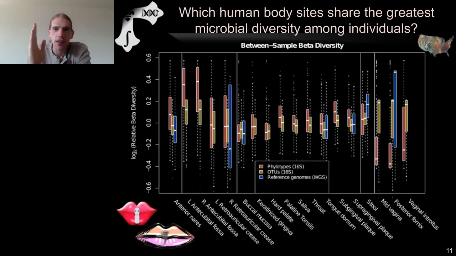The three different colors represent three different ways of processing the HMP data: either our amplicon data, directly classified as phylotypes, or clustered as OTUs, or our shotgun metagenomes, referred to as WGS, or whole genome shotgun data in this particular plot, classified to reference genomes. So each box represents the beta diversity, differences between bugs, between individuals, across the whole population at one body site. Higher means more differences, and lower means fewer differences.